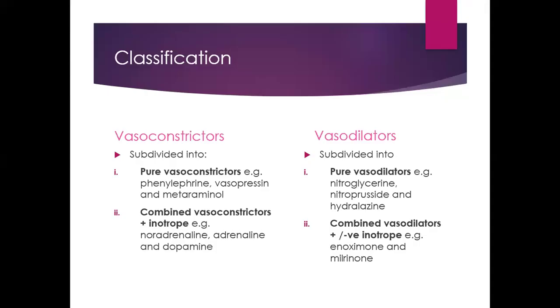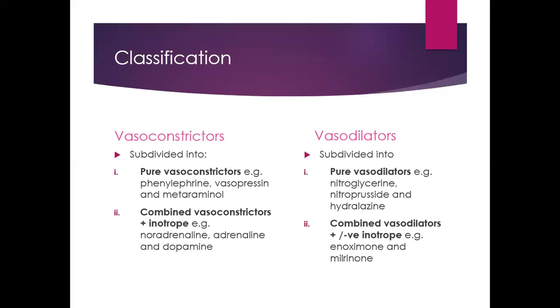Now, the classifications of vasoconstrictors. We have those with primary vasoconstriction, and this includes agents like phenylephrine, vasopressin, and metaraminone. They are pure vasoconstrictors. They act on the vascular smooth muscles of the blood vessels.